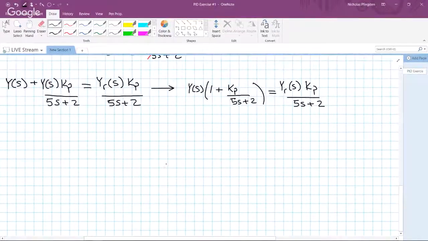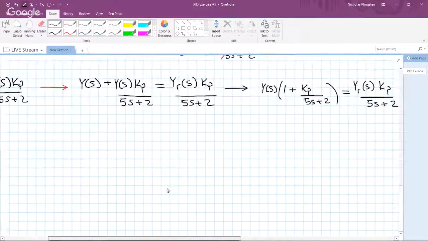That's where we're heading. So now what I'm going to do is come over here to the far left, and I'm going to write the closed loop.